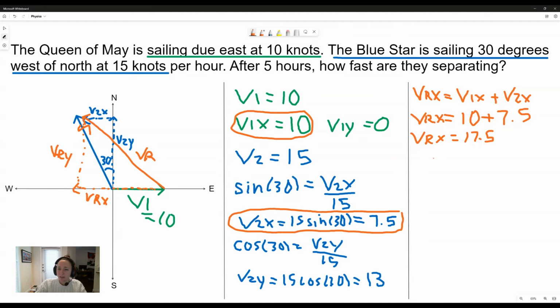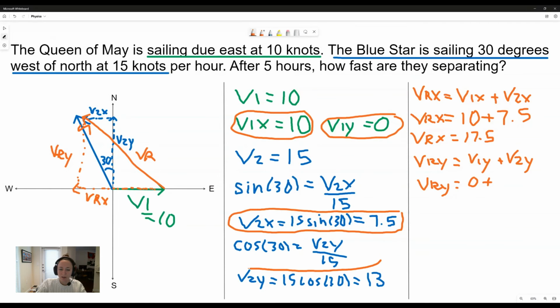Then we can write the same thing for VRy, which is equal to V1y plus V2y. V1y is 0, and V2y we calculated to be 13. If you sum those two together, VRy is equal to 13.